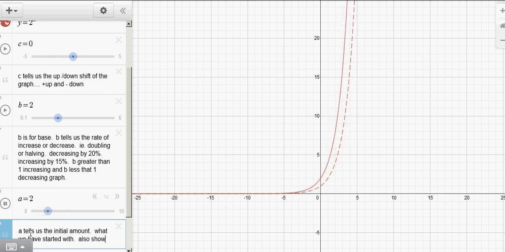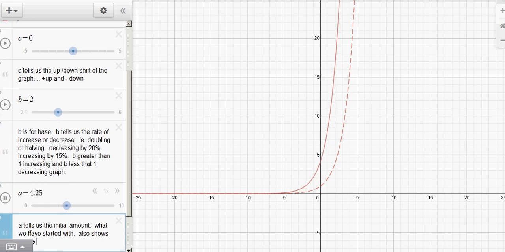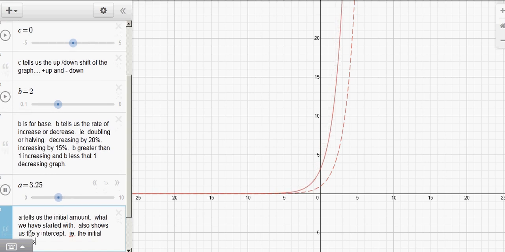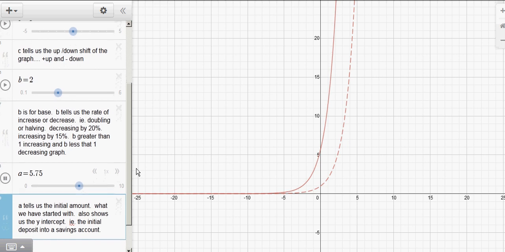Also shows us the y-intercept. This is, for instance, the initial deposit into a savings account. If I start with $100 and I put it into my account and it increases by 5% every year, the next year I'll have 105. And away you go with it.